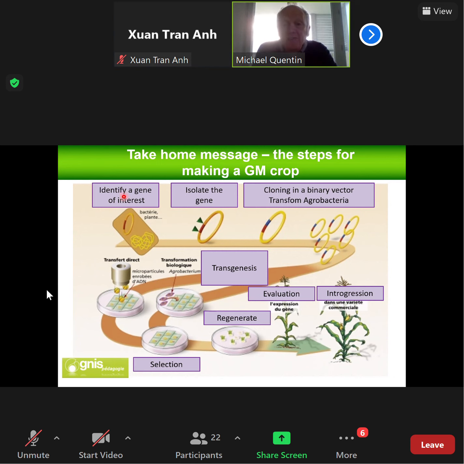Once you will have inserted this tDNA into one plant cell, you will need to select this transgenic cell. And you will need to use in vitro culture to regenerate from this plant cell a transgenic plant.